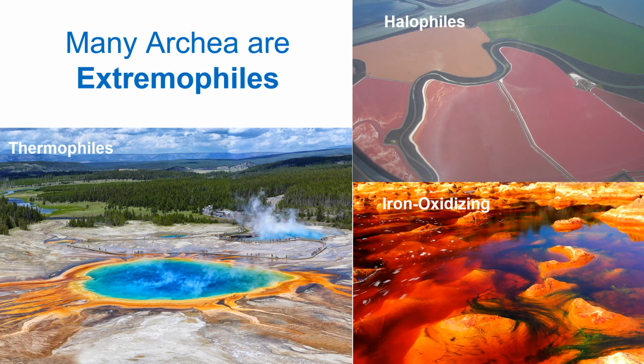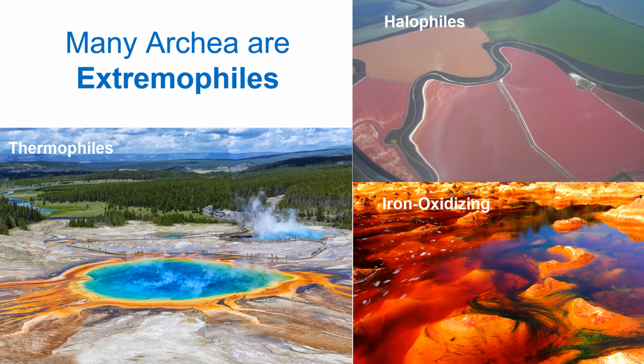One thing that sets the archaea apart from most bacteria and most eukaryotes is they're really badass when it comes to surviving really nasty conditions. So archaea appeared first. They appeared when the planet was not very hospitable for life.